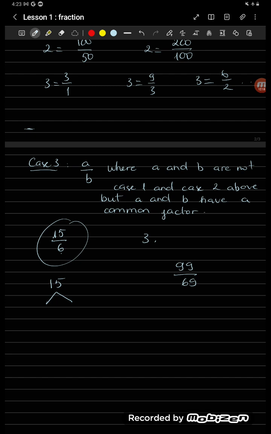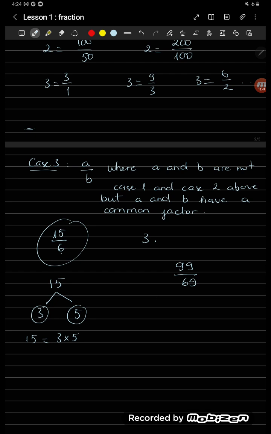So 15 can divide by 3, correct? 3 is a prime number. And 15 divided by 3, we have the result 5. And 5 is a prime number, so we stop here. So 15 can be written as a product of 2 prime numbers, 3 times 5.